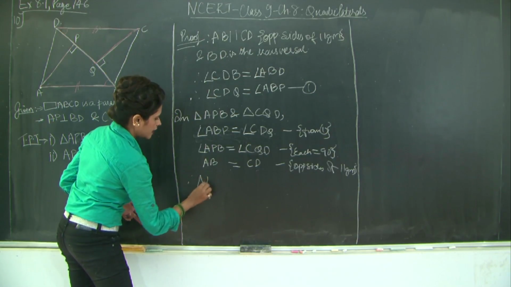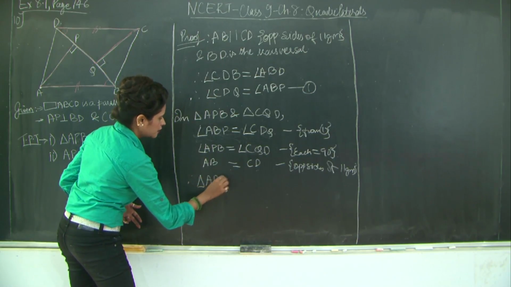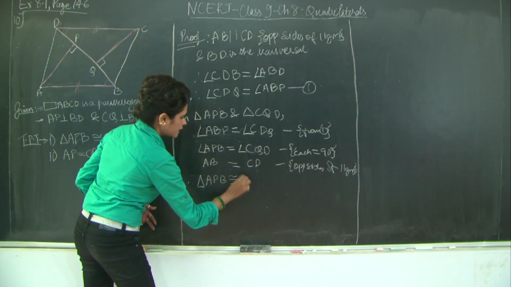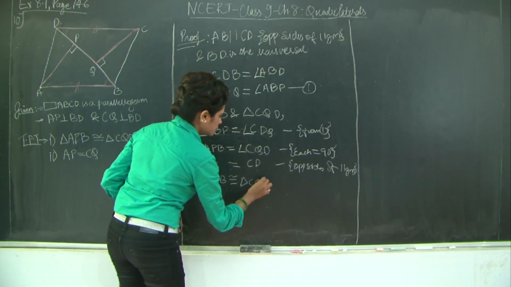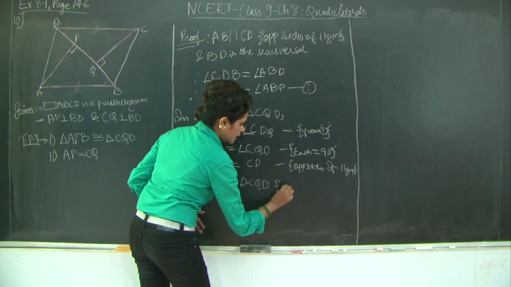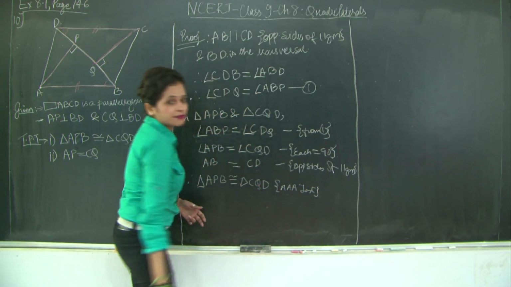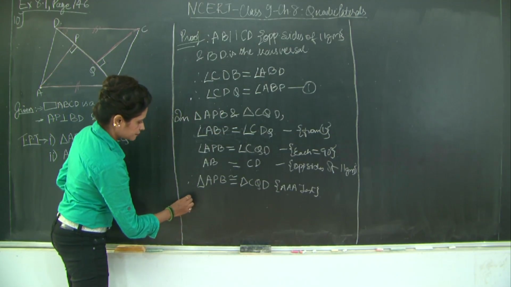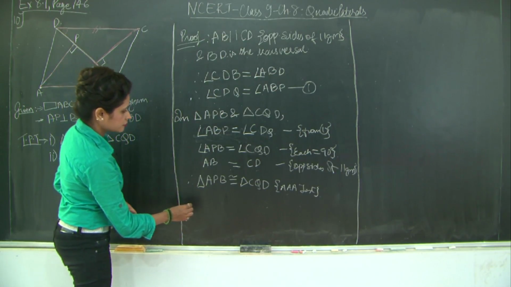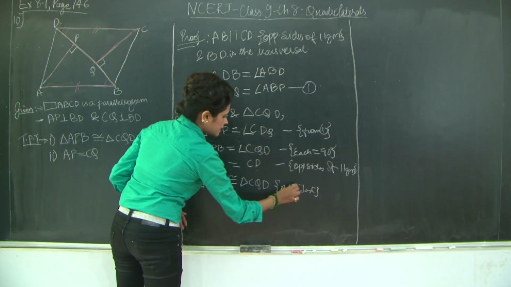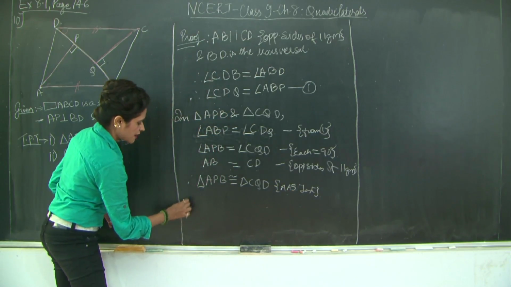So, therefore, triangle APB is congruent to triangle CQD by AAS test of congruence. So, this is my first part.